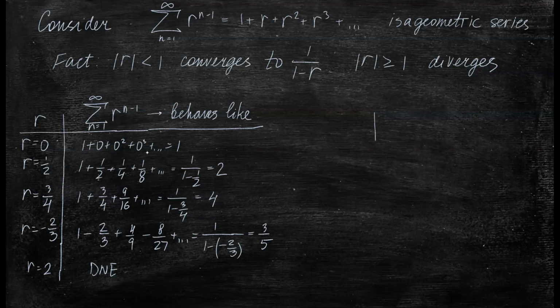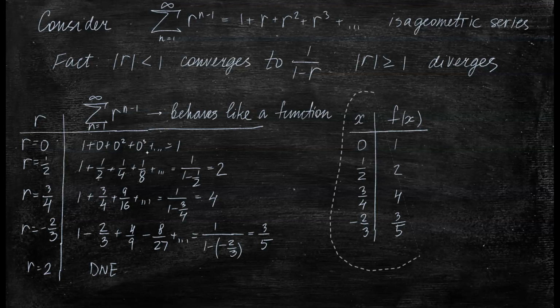Now let me remind you that earlier in calculus, we learned that things that for certain inputs give us certain outputs, and when for every input there is only one output, these things are called functions. So it appears that this particular power series, regular series, geometric series, behaves like a function.